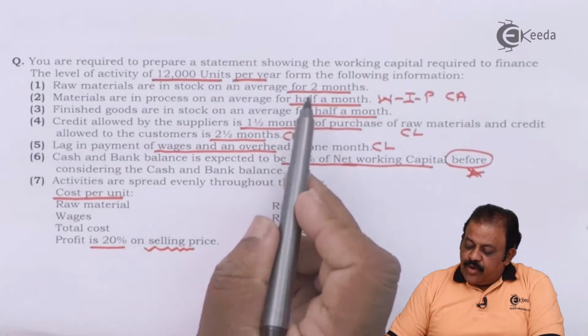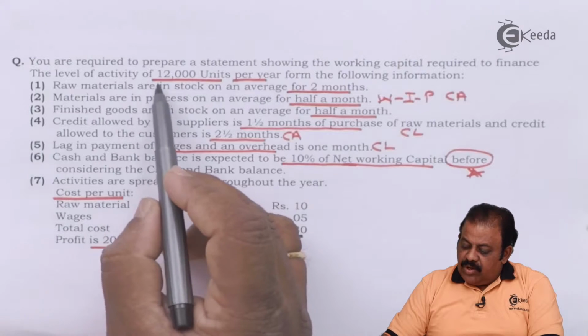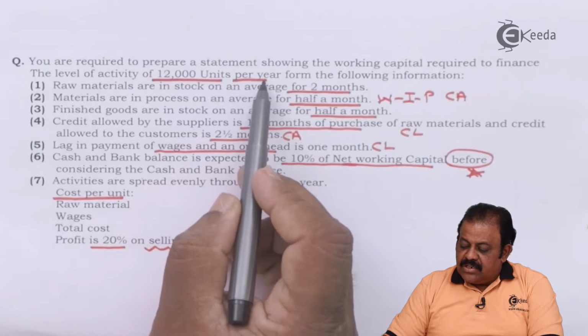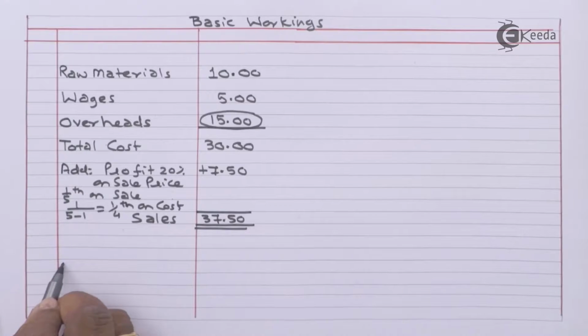Here most of the information we have is on a monthly basis. Level of activity 12,000 units per year is given, so we have to convert it on monthly basis.